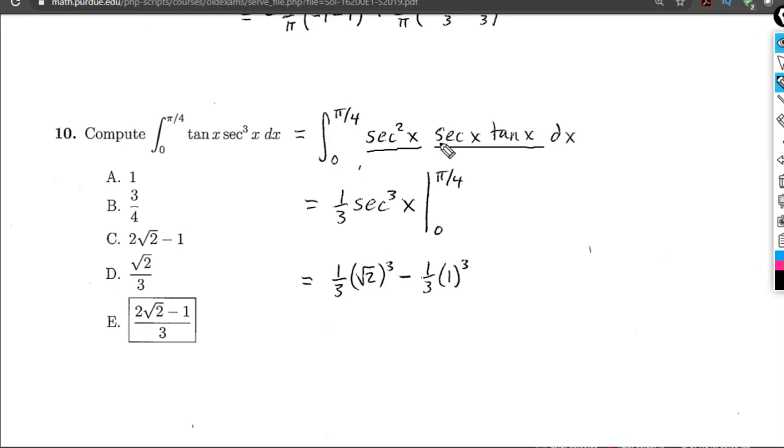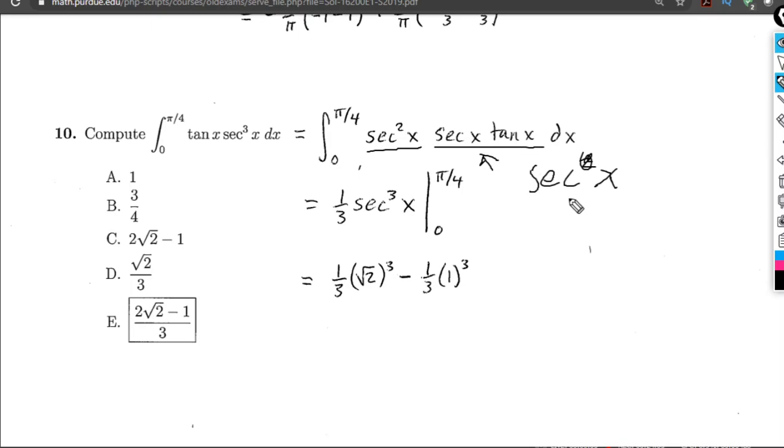Secant tangent would actually be the derivative of secant x. Taking the derivative of secant x, you get secant tangent.